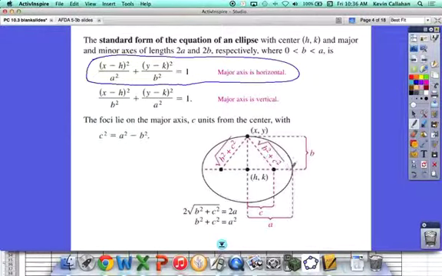It's from the center along the major axis to the side. So this is a, and this is also a. So what's the length of the major axis? From here to here, 2a, right? a is the long distance from the center to the side. That's a. b is the distance from the center along the minor axis to the side. That's b.